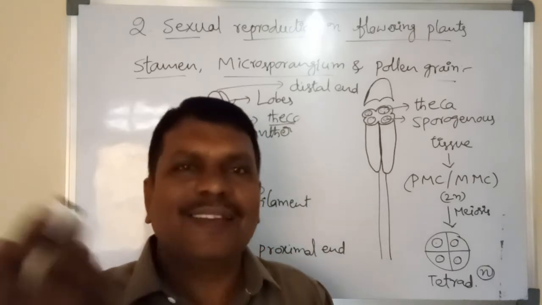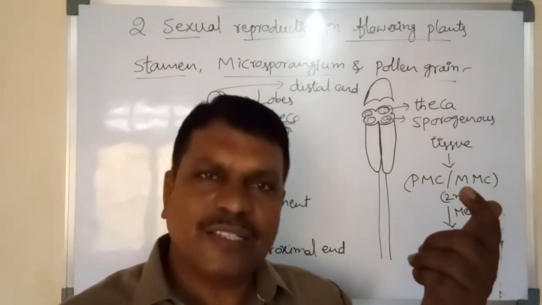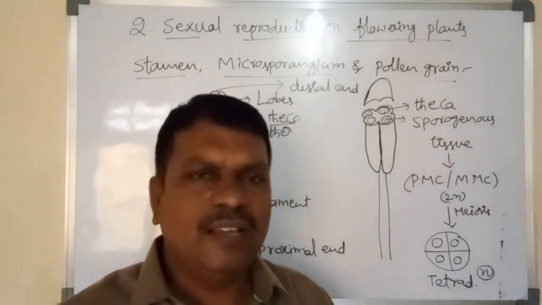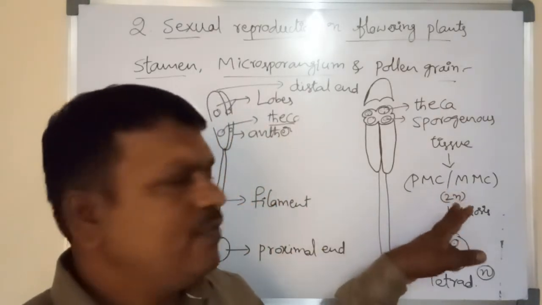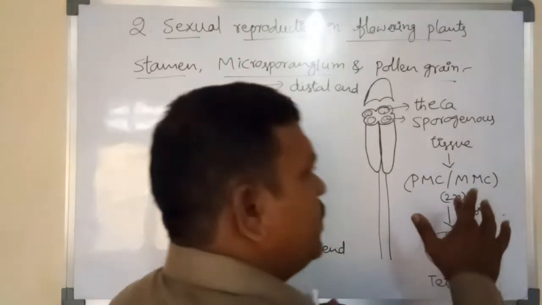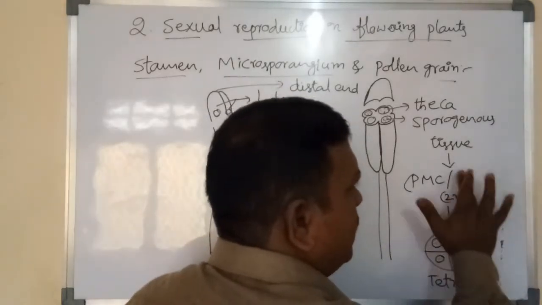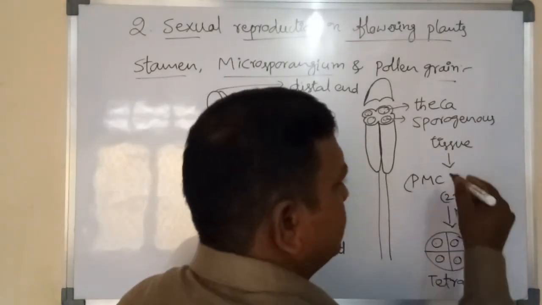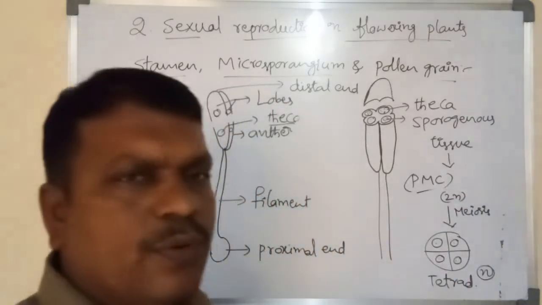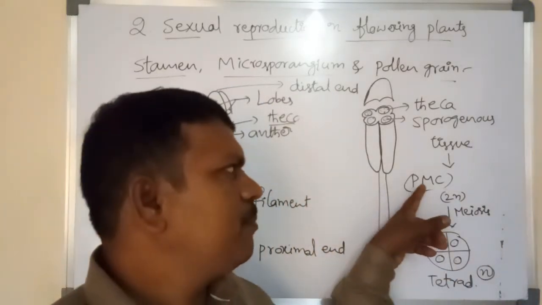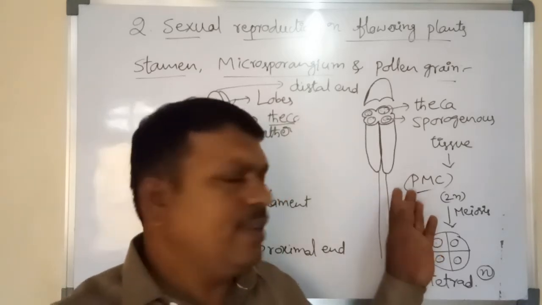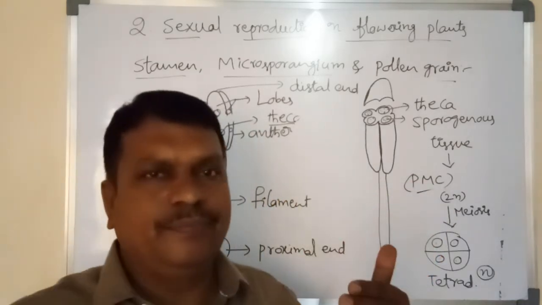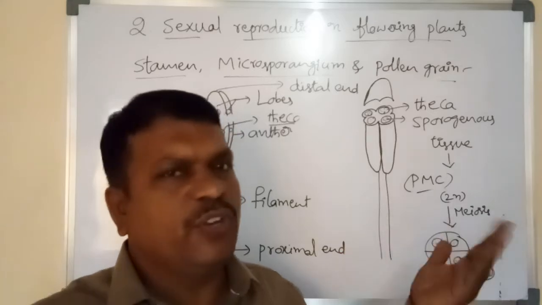Microspore mother cell means male character, megaspore mother cell means female character. For your convenience, don't use the term MMC. Better use only PMC, pollen mother cell. Pollen means male character. In such a way, you easily understand the concept without confusion.